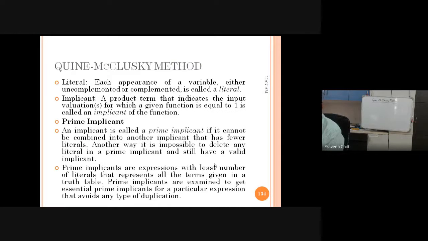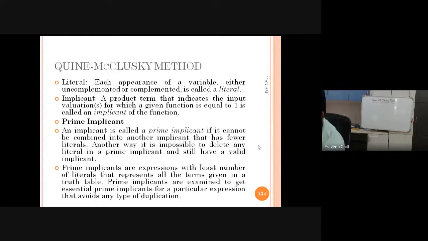So this Quine-McCluskey method is used only for SOP expressions. Then you may ask, if the given expression is in POS form, what should we do? The Quine-McCluskey method should always be used with an SOP expression only. So in order to use it for POS expressions, first the given POS expression should be converted into an SOP expression.